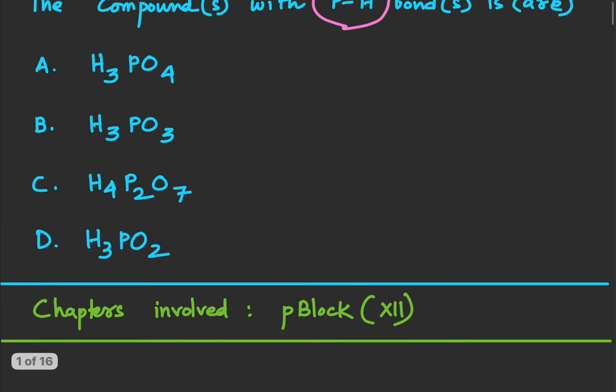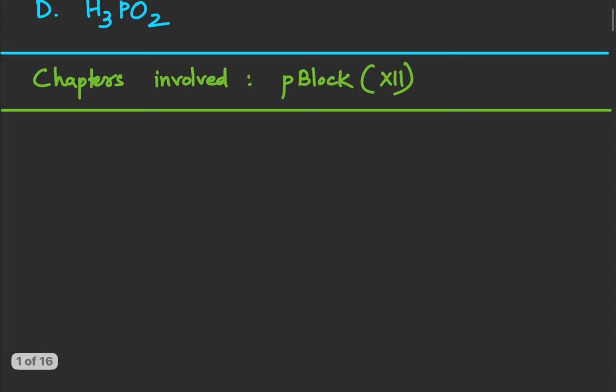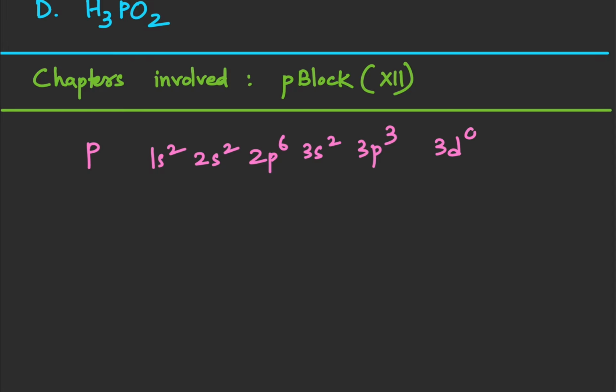So before we are able to draw the structures of these in detail, we need to know a few things, okay. The first thing that we need to know is the configuration of phosphorus. So the configuration of phosphorus is 1s2, 2s2, 2p6, 3s2, 3p3, right? So this is in the ground state, and obviously it has 3d vacant orbitals, so that is important, okay.